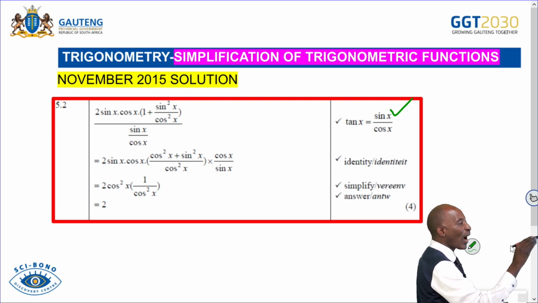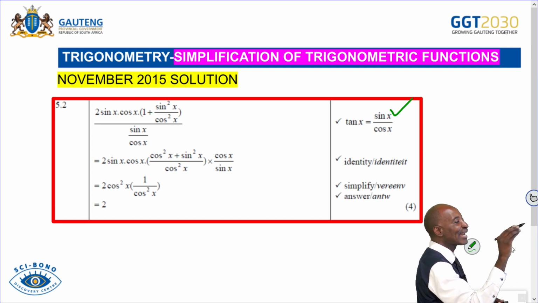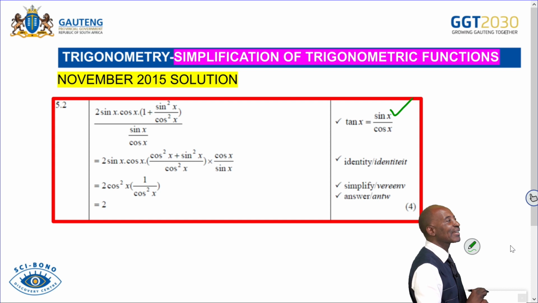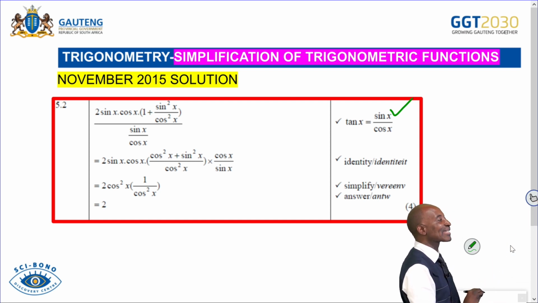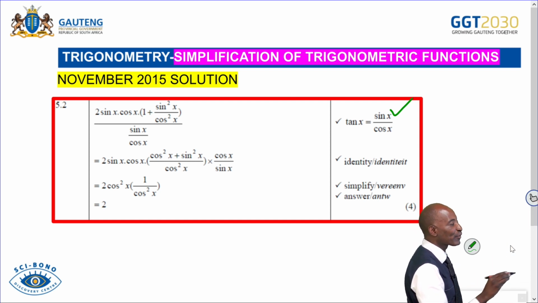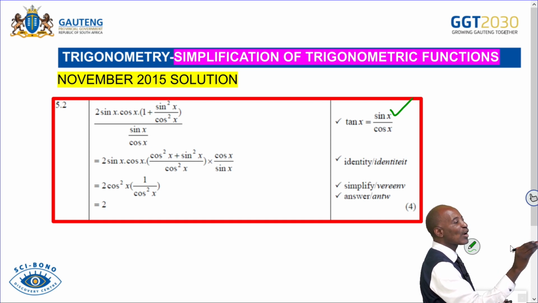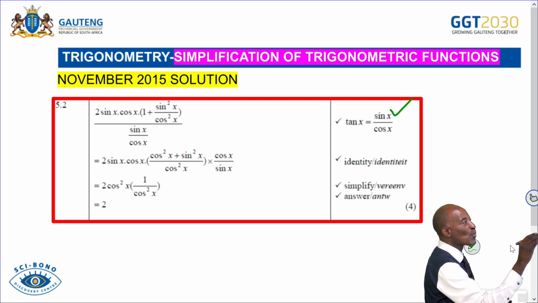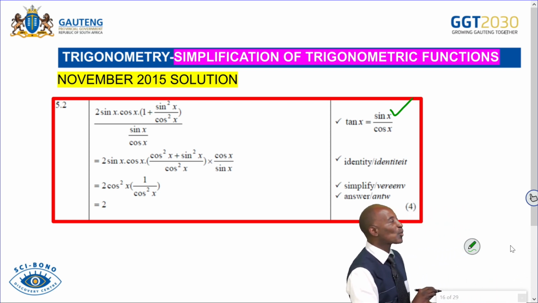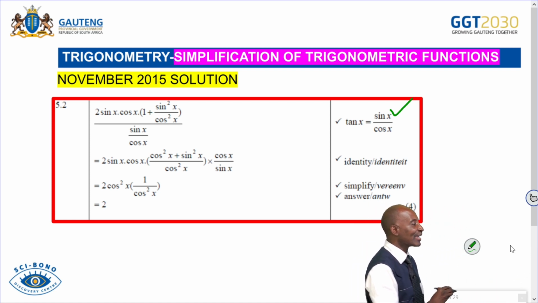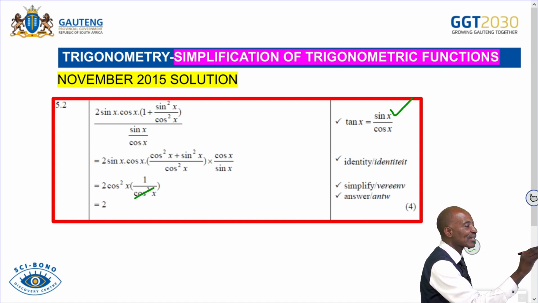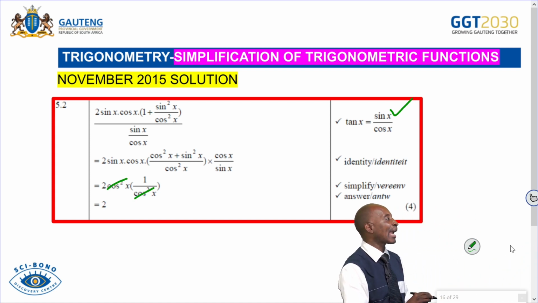Then that's your 1. And then multiplying by 2 sine x cos x times the other side. They have put everything under the same denominator. Then from there, you'll realize that cos squared x plus sine squared x over cos squared x, the numerator will go back to our 1. Then we simplify this divide with that, they cancel and go.